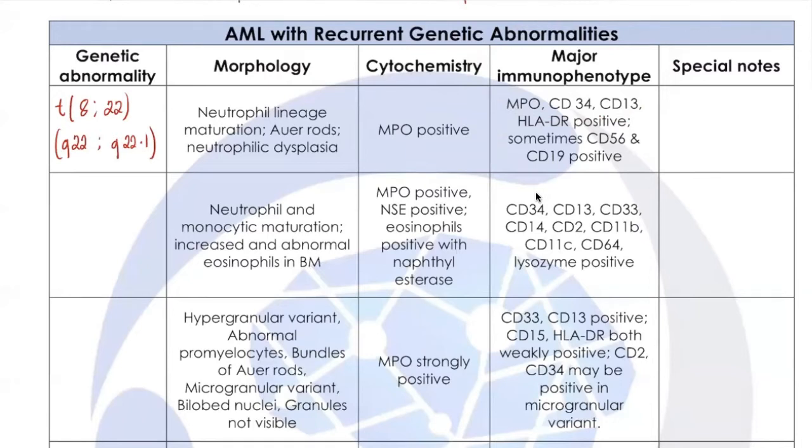If we are to make an association of this AML caused by translocation of chromosome 8 to 22, this most likely resembles the M2 morphology.